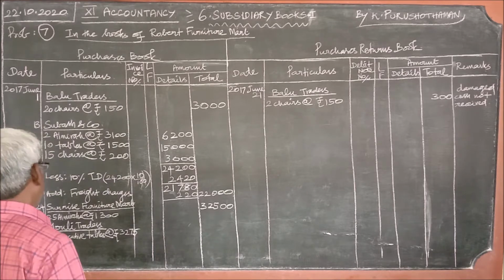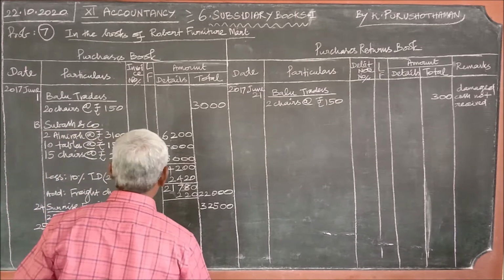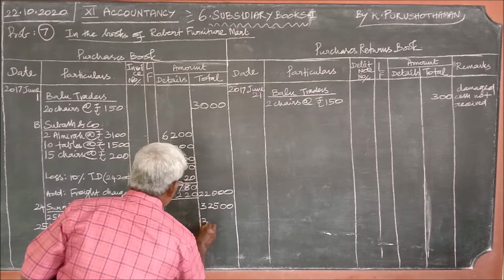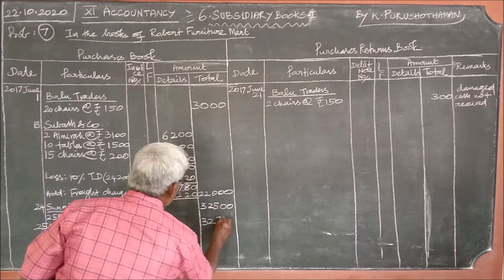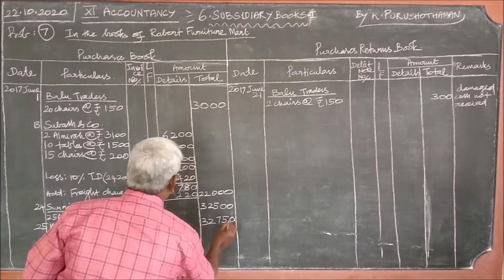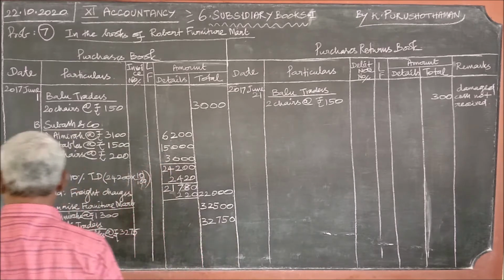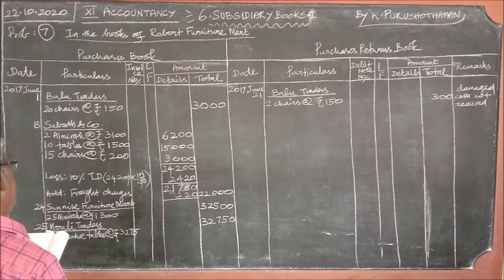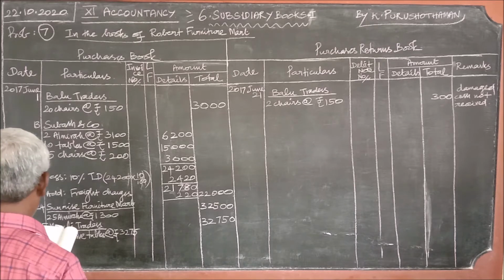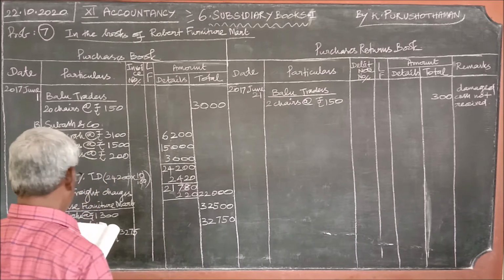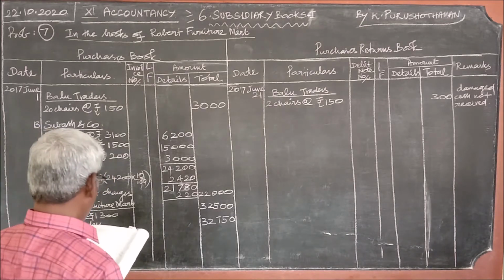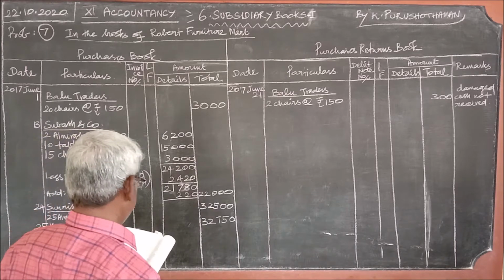So 3,275 into 10. So add one more zero. 3,275 with this add one zero. That is the amount. Then on 29th, returned 3 almirahs to Sunrise Furniture Mart and cash not received.